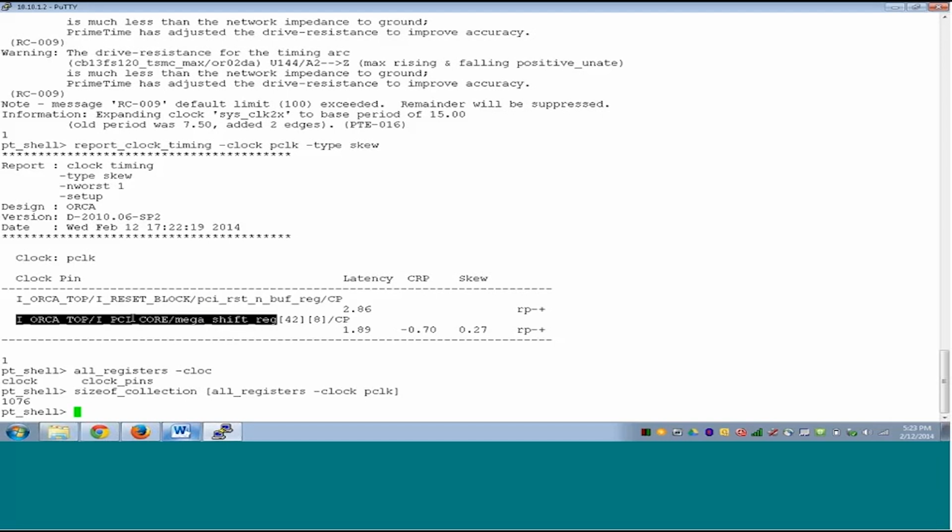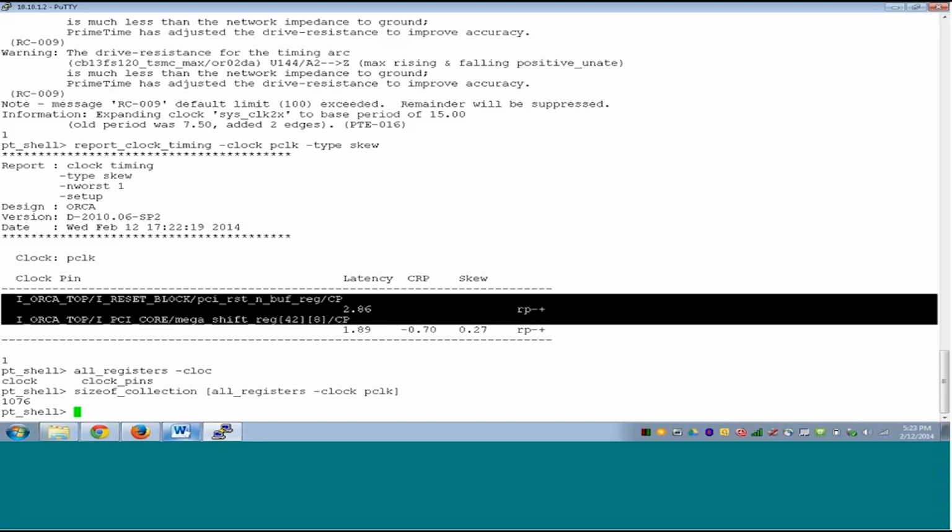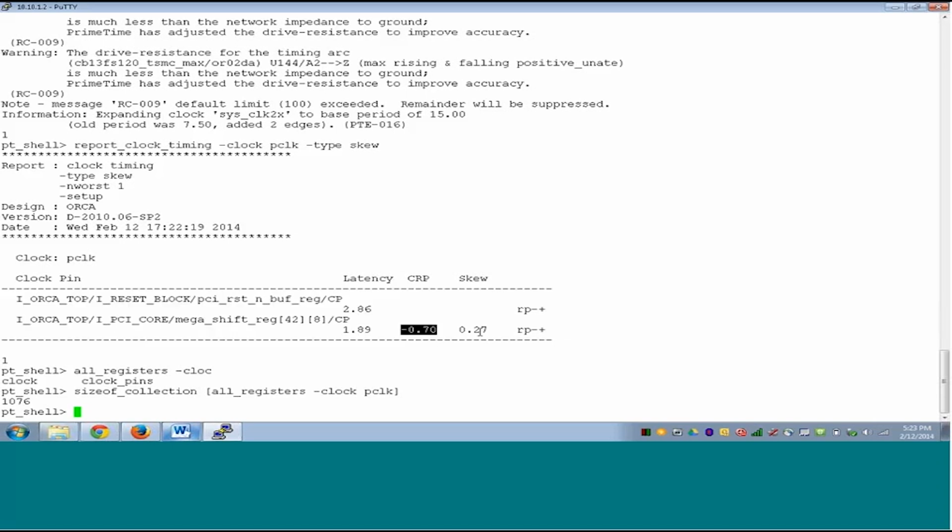This clock pin has a best latency of 1.89. This is the CRPR among these two, because there will be a common clock path. Although there might or might not be a path between these two, it will show you the latency, the CRPR and the skew.